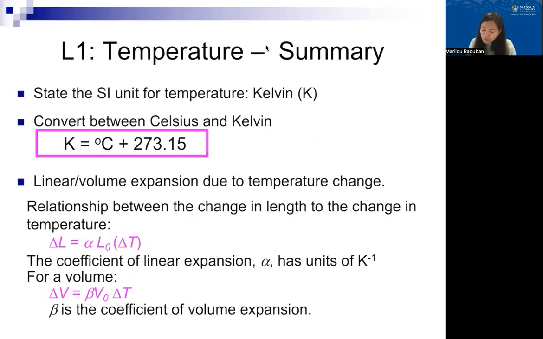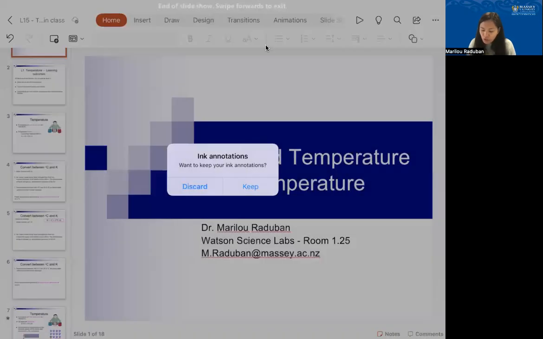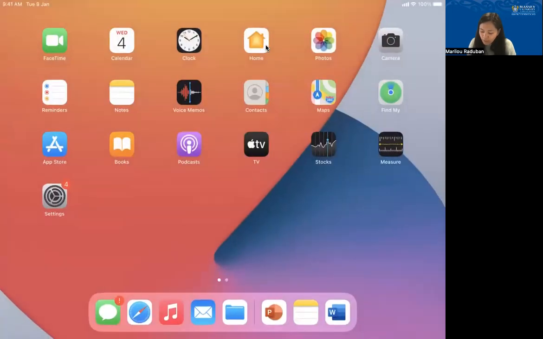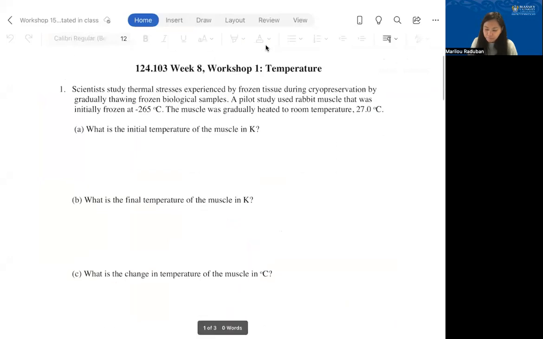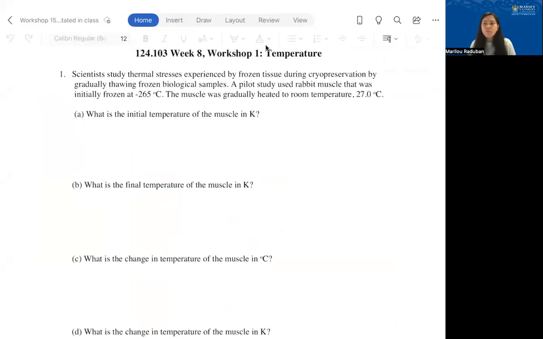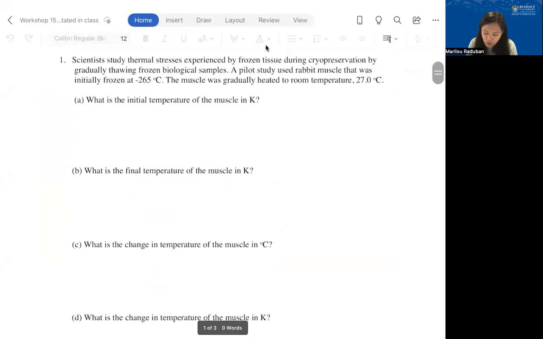Okay, so that ends the lecture, and we have the workshop following that, where we can practice the concepts that we've learned. But I'll give you time to look at the workshop questions. Maybe let's see how much time we need.